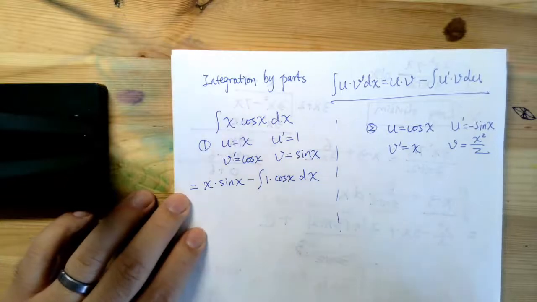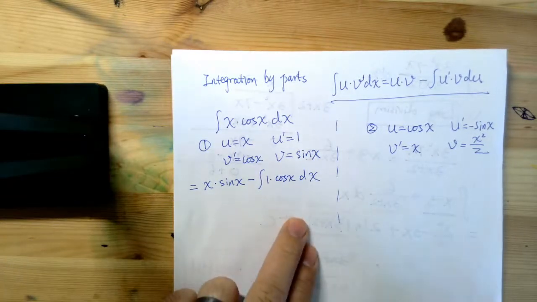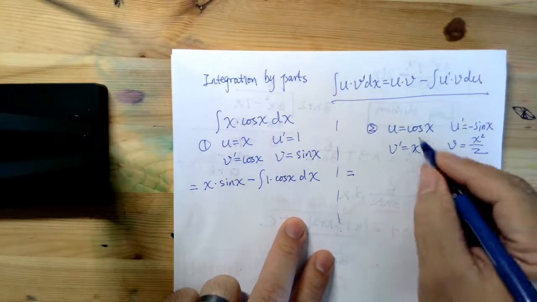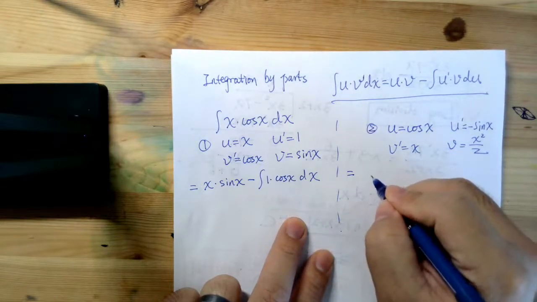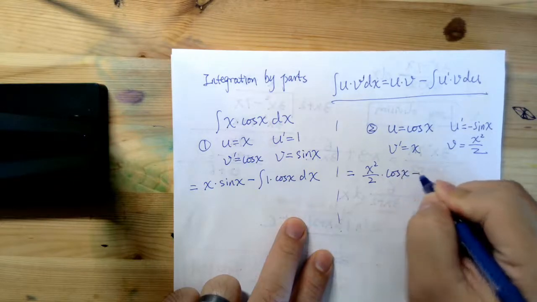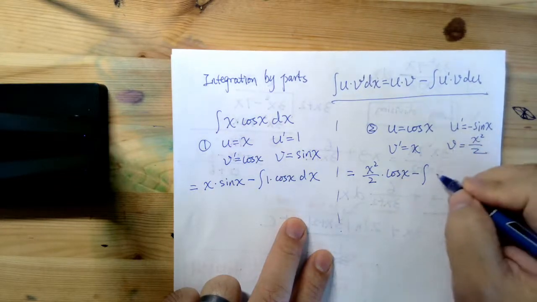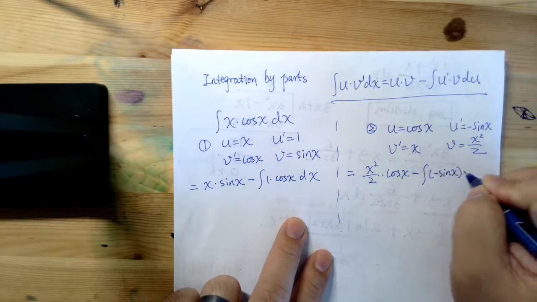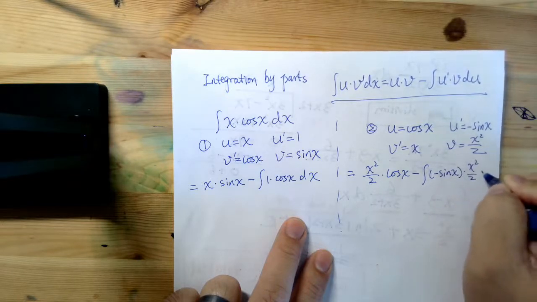Now we do the same thing for the second one, which is u times v, x squared over 2 times cosine x, minus the integral of negative sine x times x squared over 2 dx.